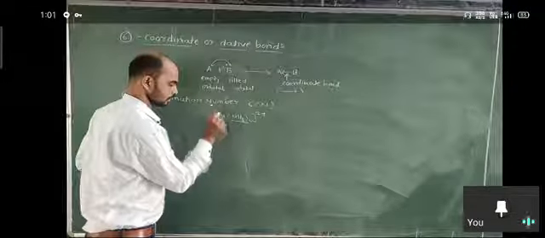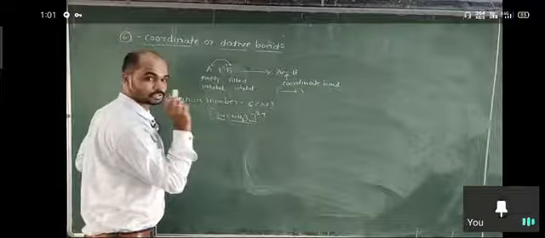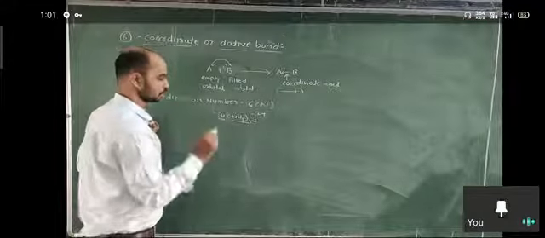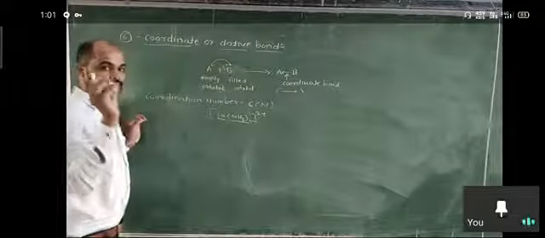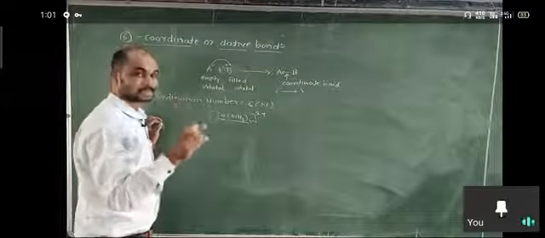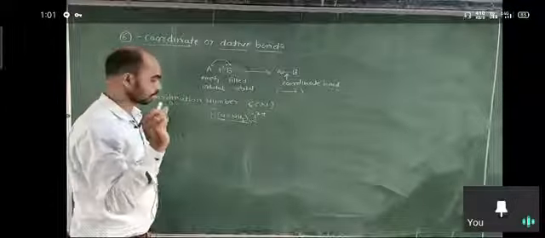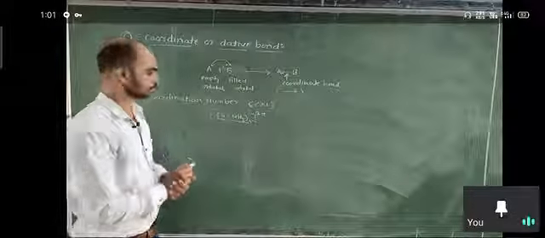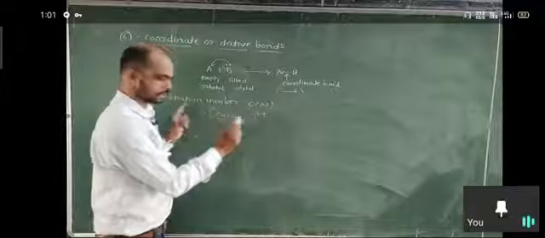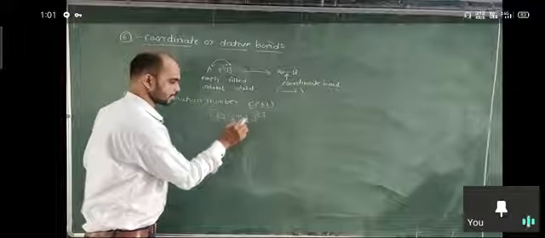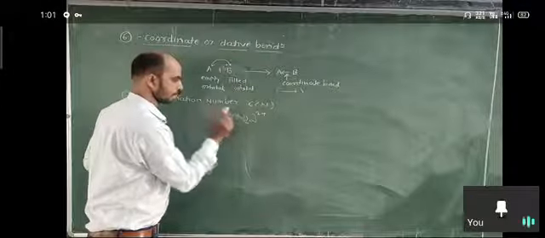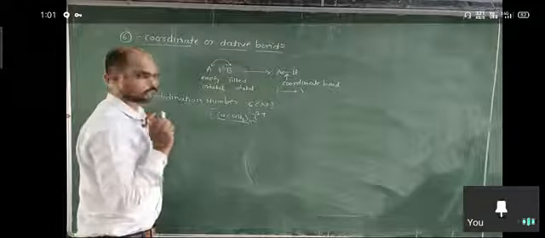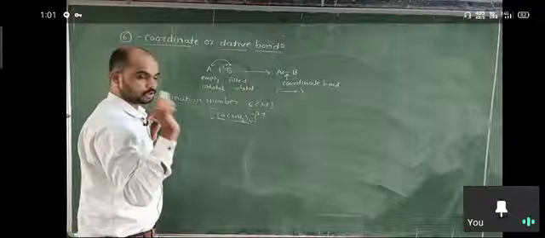So the number of ligands directly attached to the central metal atom or ion is called the coordination number. This is called the coordination sphere, and the number of ligands present in the square bracket is the coordination number of the central metal atom or ion.